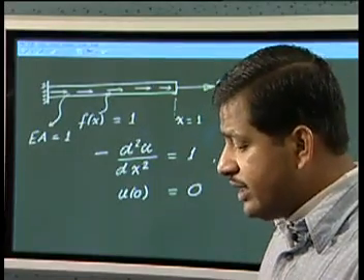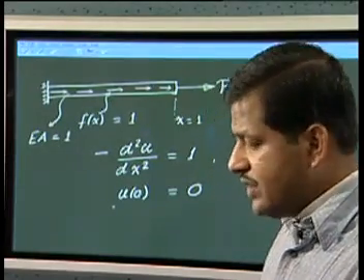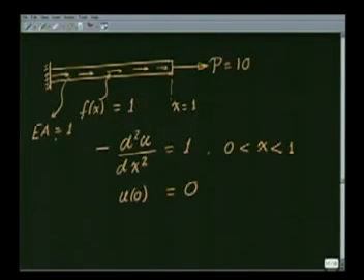At the end x equal to 1, we will have EA du dx, where EA now is 1. So you will have du dx at the point 1 is equal to 10.